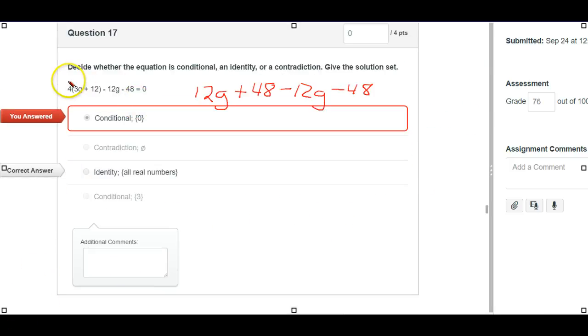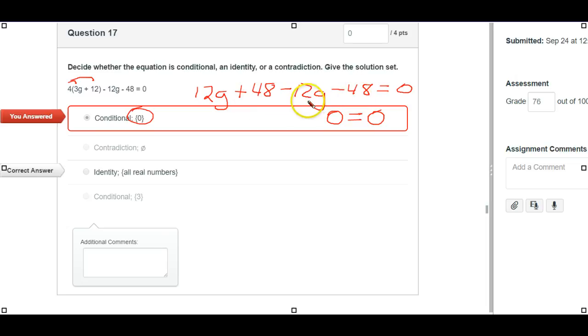So for this one, as I distribute, I get 12g plus 48 minus 12g minus 48 equals 0. So everything cancels out on this side, so we have 0 equals 0. Is that a true statement? Yes. I see you got the concept right where you might have gotten the 0, but it's 0 equals 0.